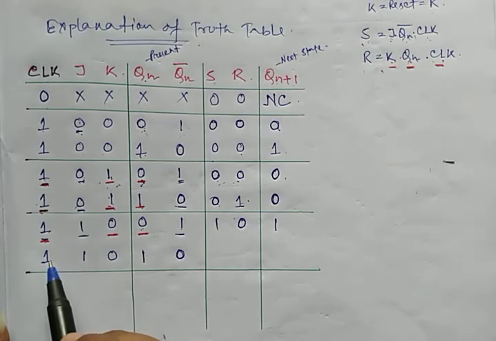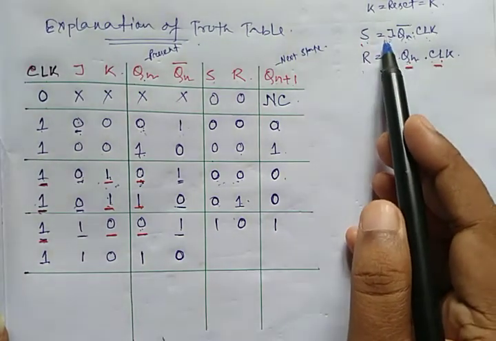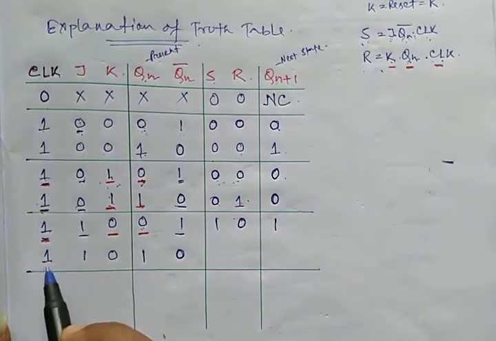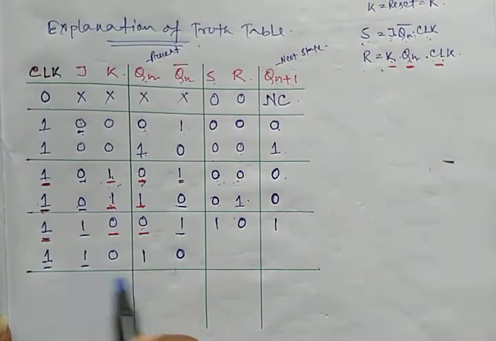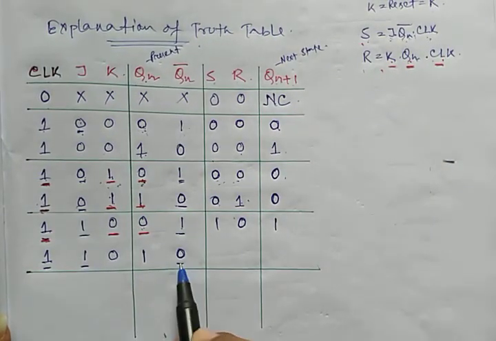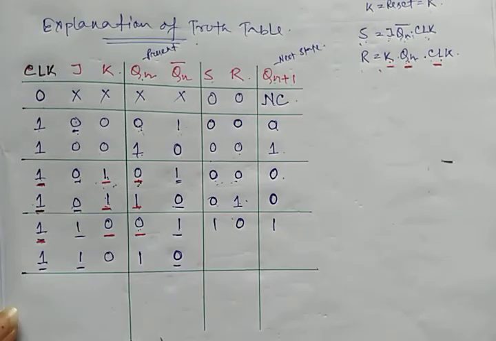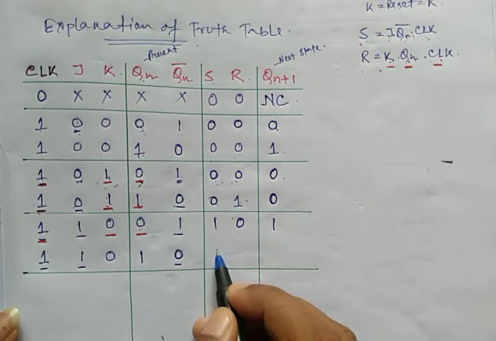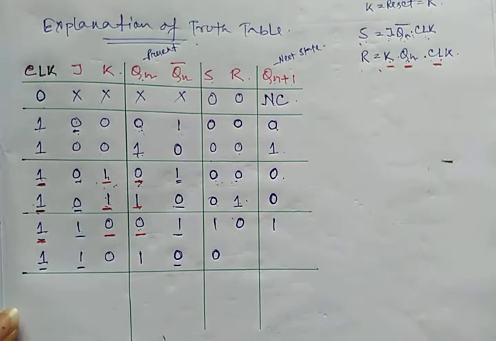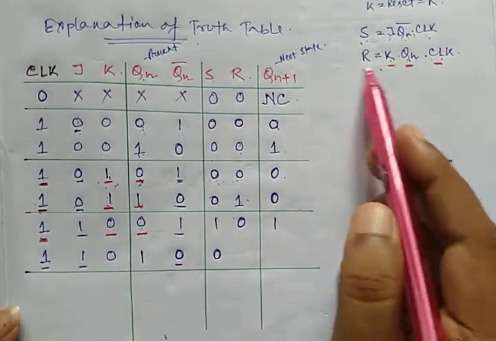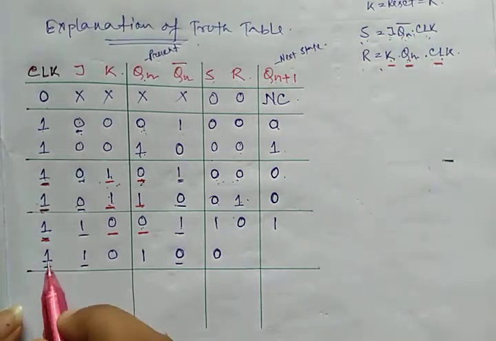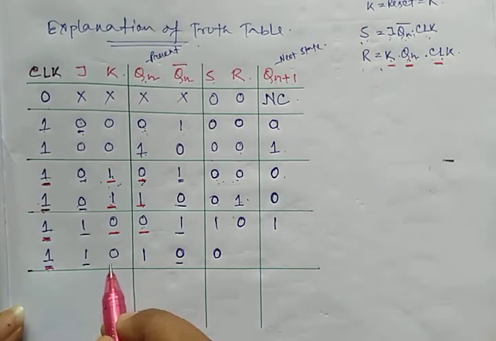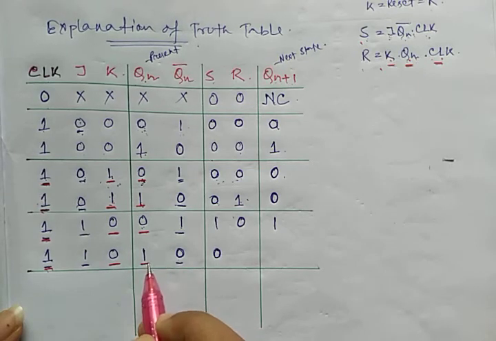For our second condition, for S: J, Qn bar, clock. One input is 0, so output is obviously 0. And for the R value, K, Qn, clock: clock is 1, K is 0, Qn is 1.